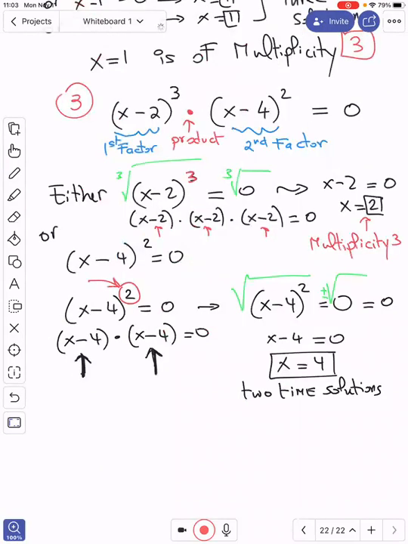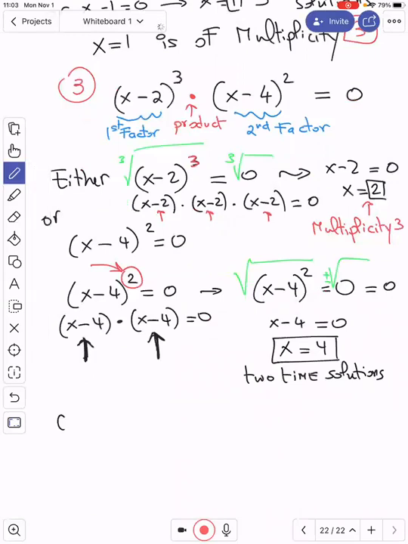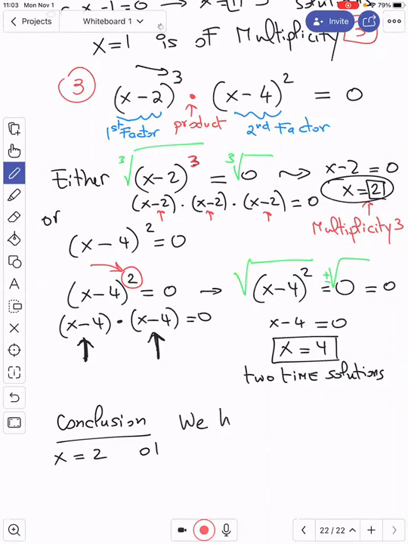So the conclusion here: we have 2 solutions. Remember, we had x equal to 2, which is a 3 times solution, of multiplicity 3.